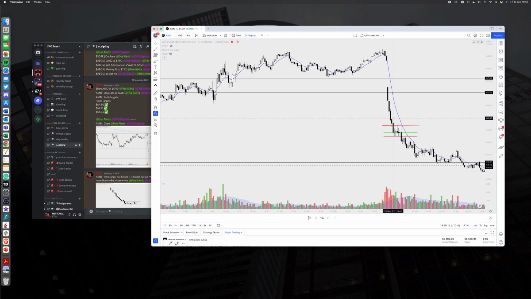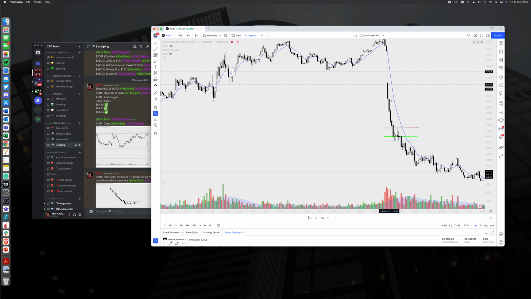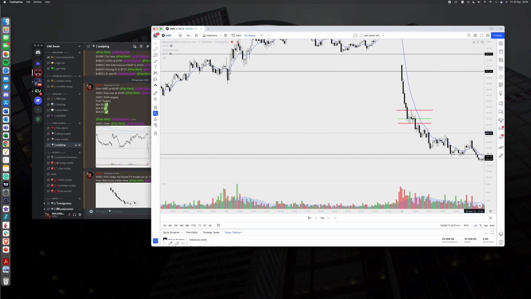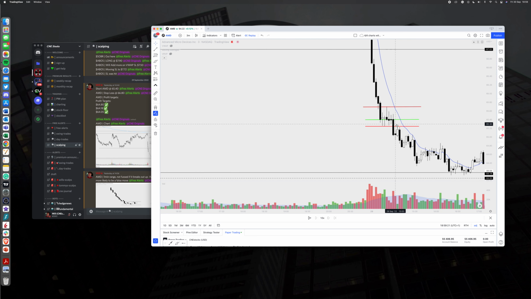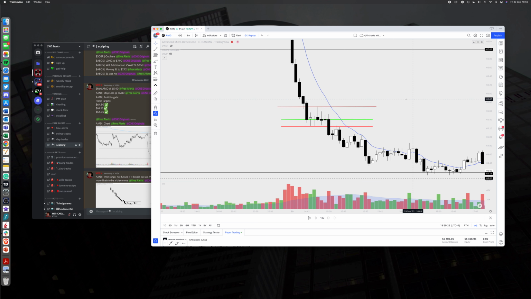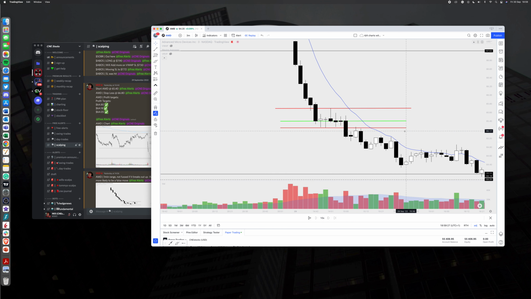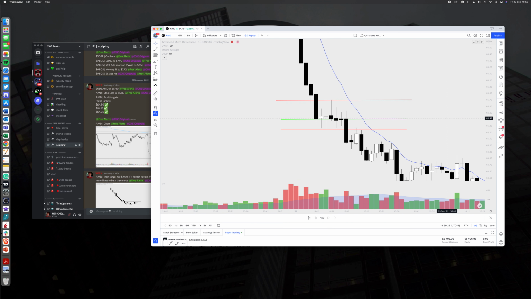Quite a capitulation move, to be honest with you guys. High volume selling came in, and then the first thing we saw was a flat top bear flag forming, and that is initially why I called this trade. I said I'm in at this green line, the 6540.